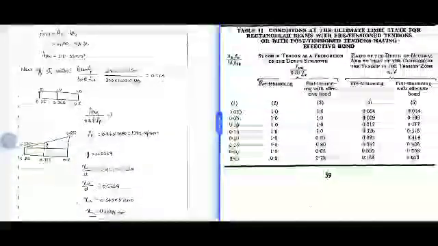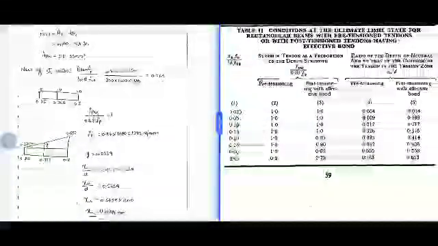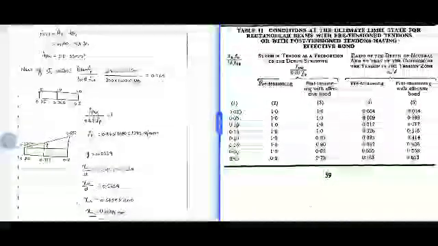For the XU by D ratio, for 0.25 in column number 4 we have 0.542, and for 0.3 we have 0.655.